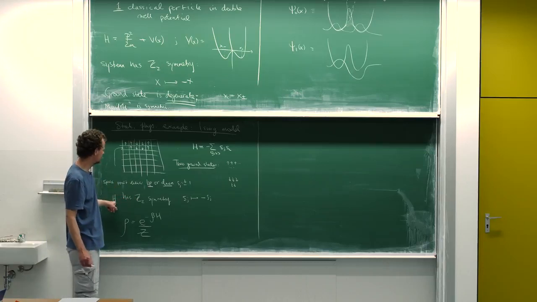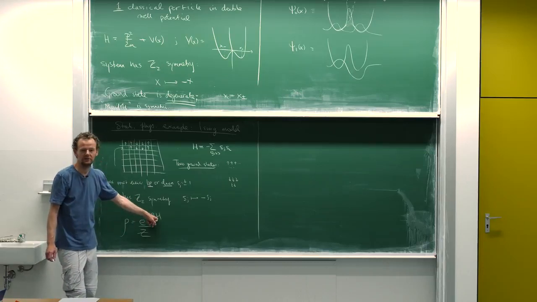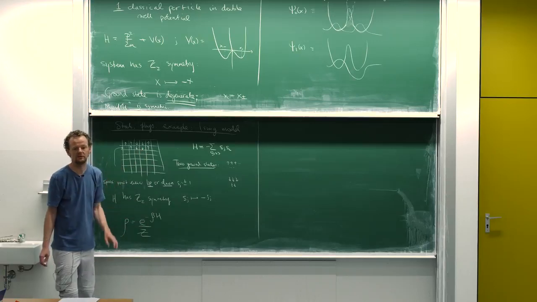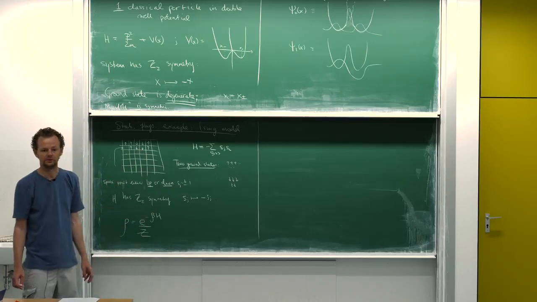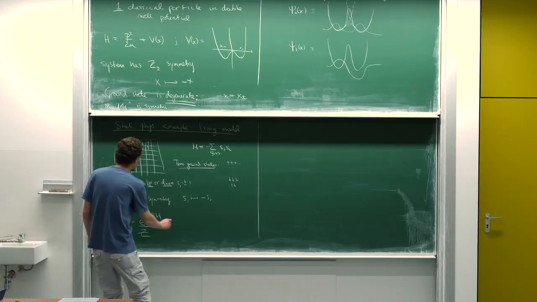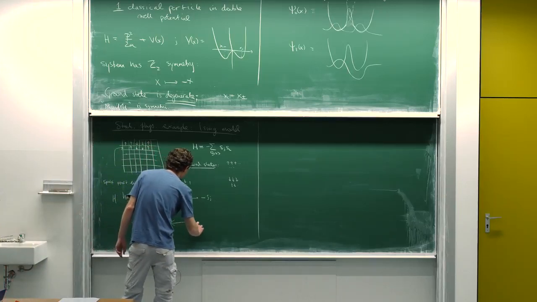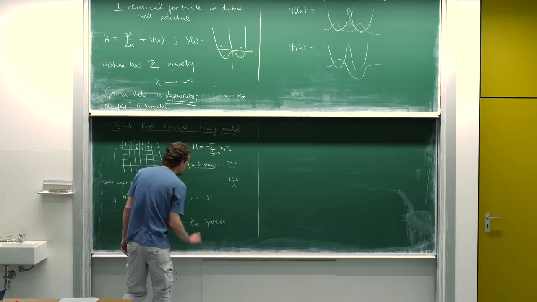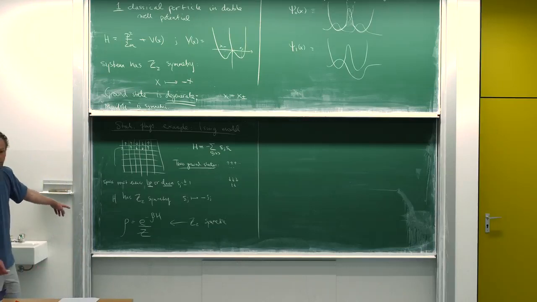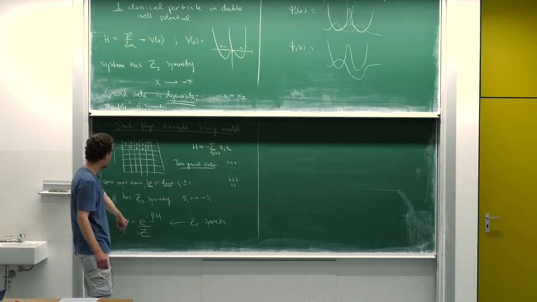Because H is Z2 symmetric, and H appears here, this mixed state describing the state of the system is, for all temperatures, Z2 symmetric. No symmetry is broken by this density operator here.